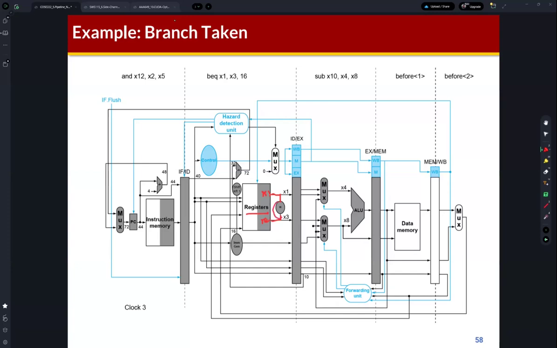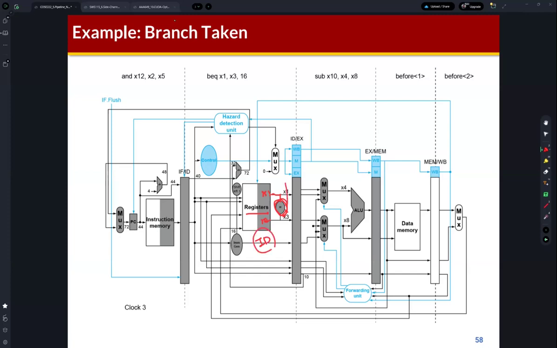You can find the equality check logic here, okay? Just after the register file. As I mentioned, the delay of the equality check is very low, right? Then we can simply add this equality check in the ID stage.